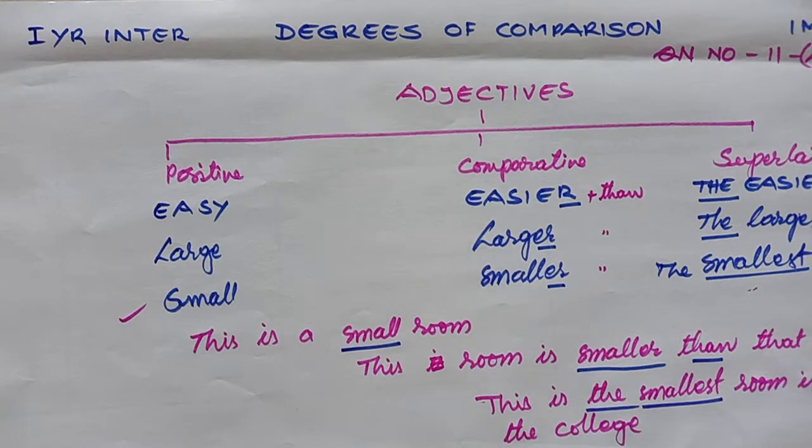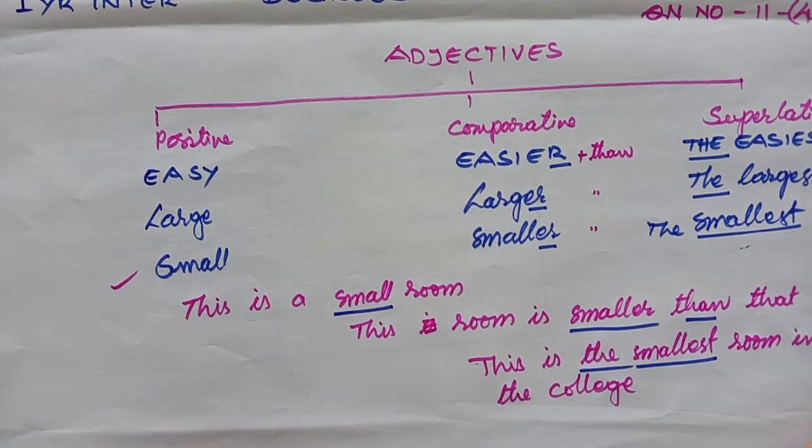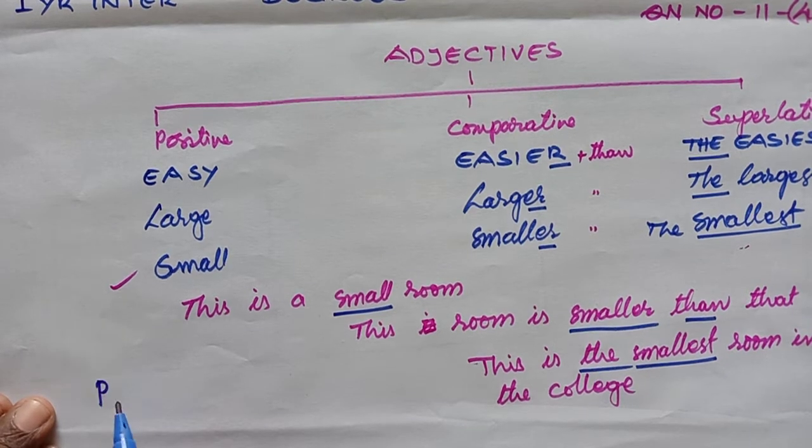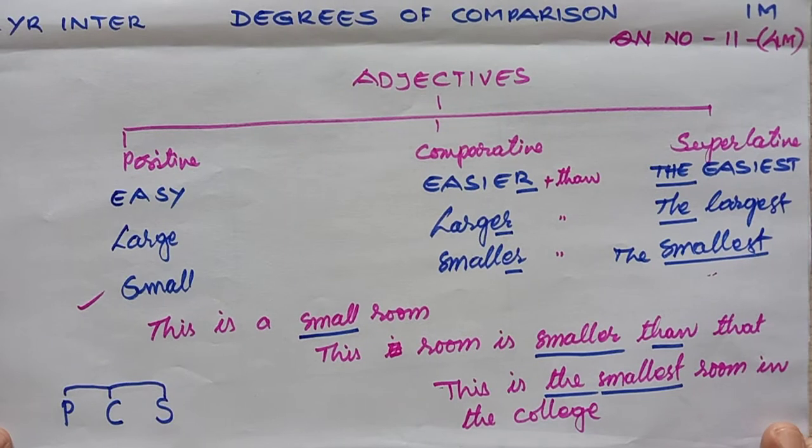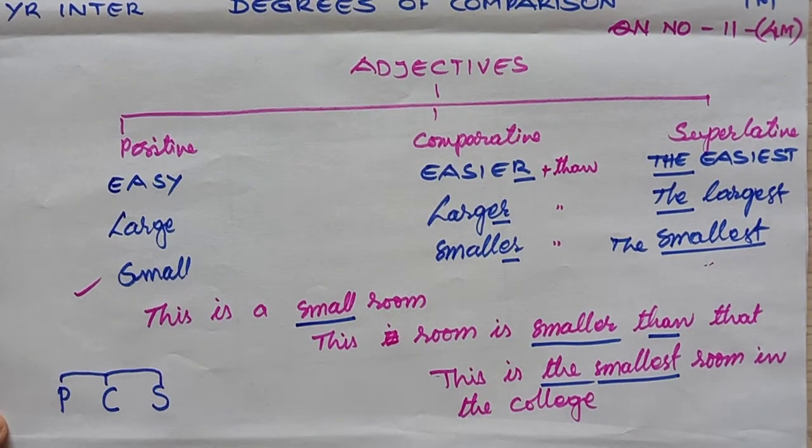How will the examiner give us the questions in this connection? They will give us positive degree or comparative degree or superlative degree. They will ask us to convert this into this or this into this without changing the meaning. While converting from positive to comparative, we should not change the meaning.